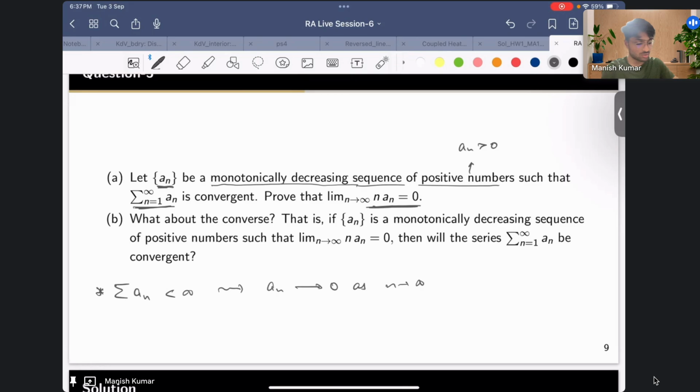If you want to prove that some series a_n is not convergent, you first check whether the limit of a_n equals 0 or not. If it is not equal to 0, then you can immediately say that the series is divergent, right? And if it is 0, then you cannot conclude; you have to go for some other test. But this is the primary thing you need to check. If you see that the limit is non-zero, then you can directly say that the series is divergent. It's not going to converge.